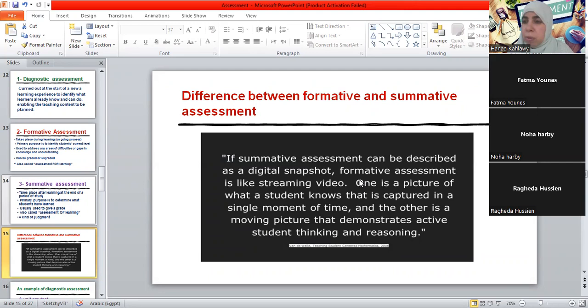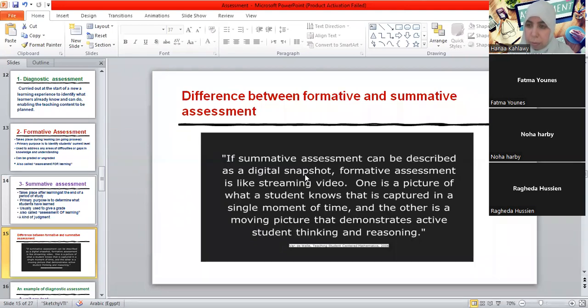But formative, I can provide them with feedback, I can reflect on their performance and provide them with extra help or support to improve their performance, okay? So we judge at the summative assessment. Yes, that's right. Yeah, it's judgmental. But we give feedback and reflection to students.